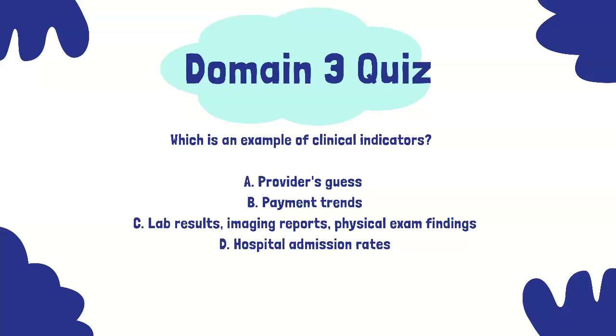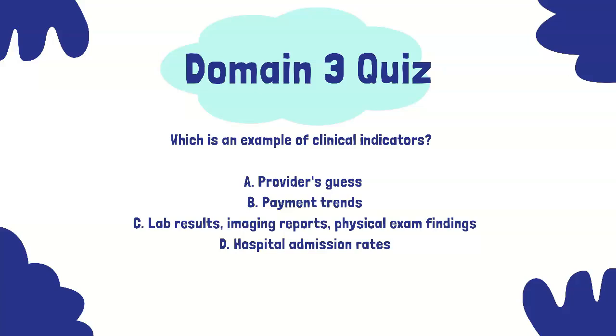All right, the next question. Which is an example of clinical indicators? Okay, so if you said C, lab results, imaging reports, and physical exam findings, you are correct.